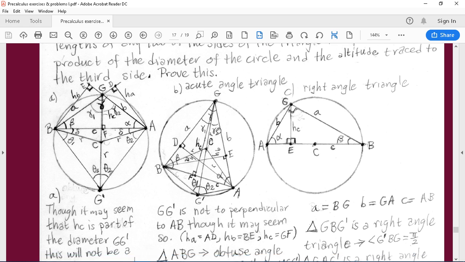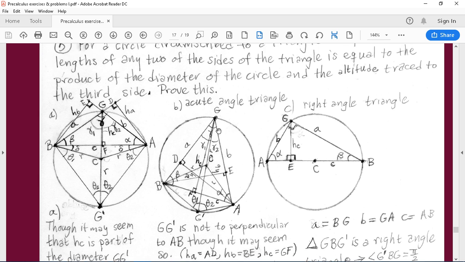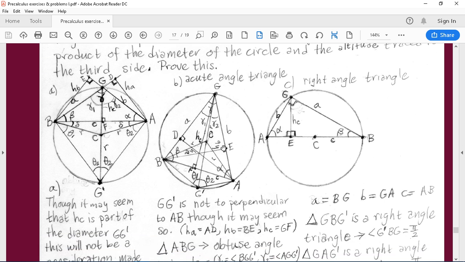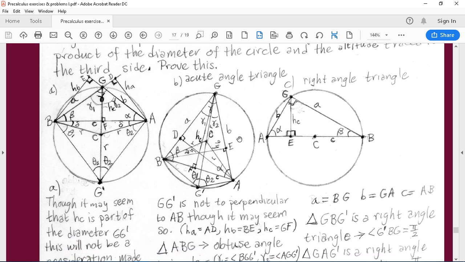So our acute angled triangle in this case is triangle GBA. To work this problem out, we're going to consider several other triangles that we have drawn here in this figure.